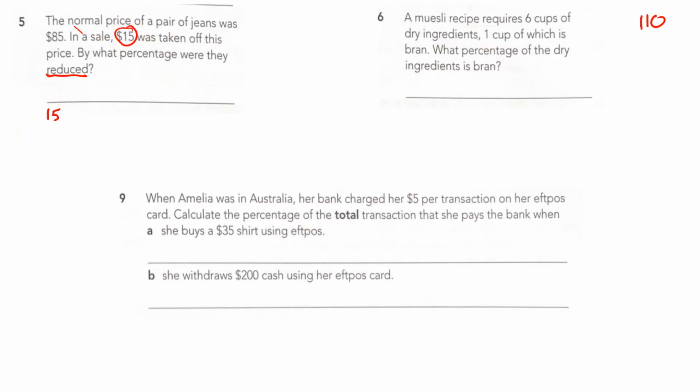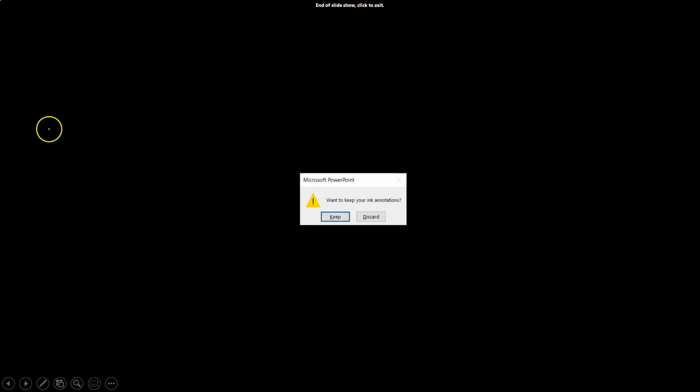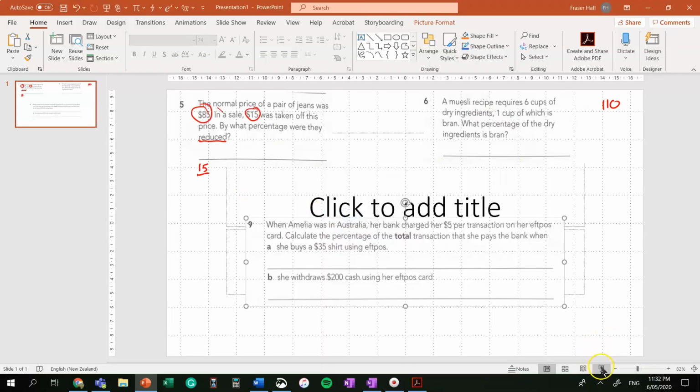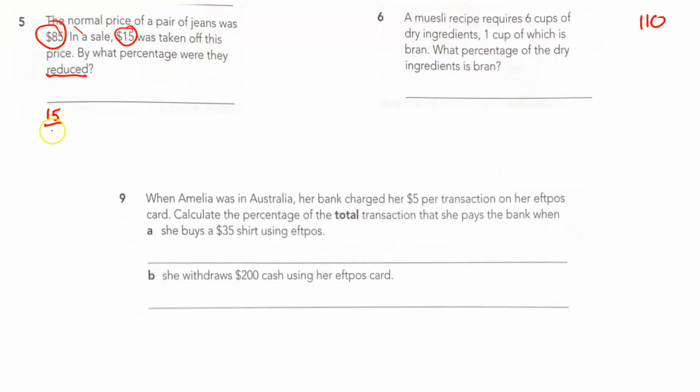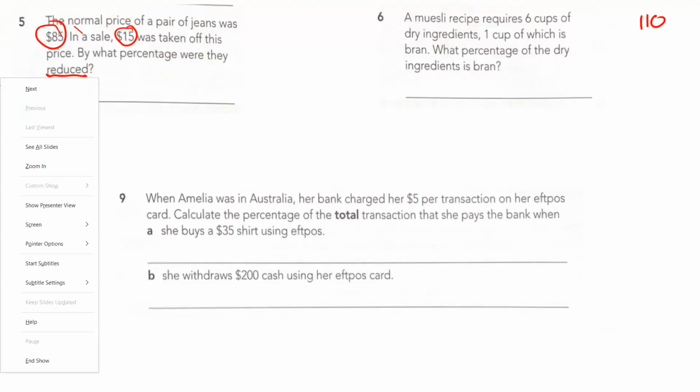And then that $15 is a percentage out of what? And that will tell us what the denominator is. So the denominator is 85. So we end up with 15 over 85.